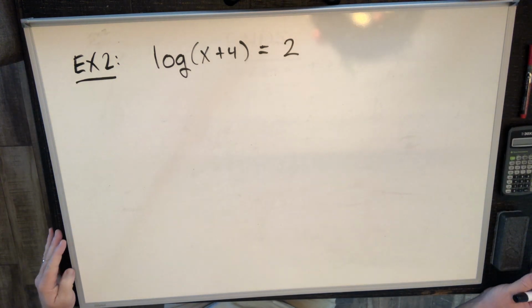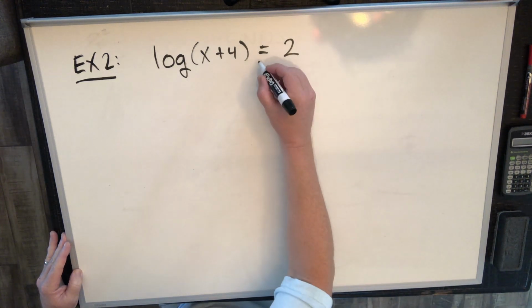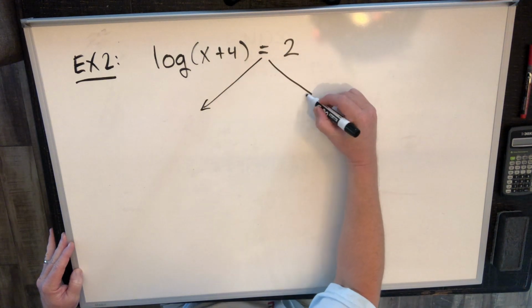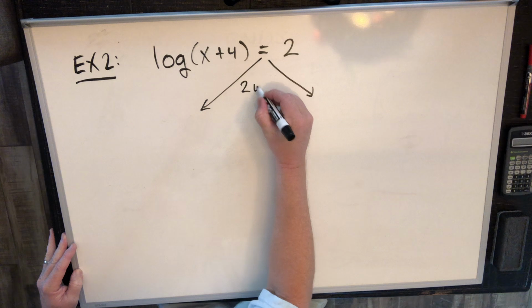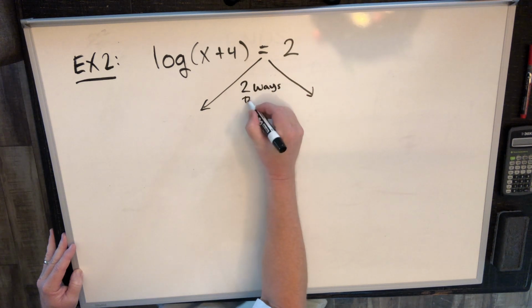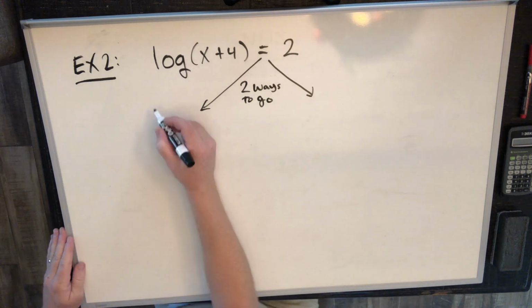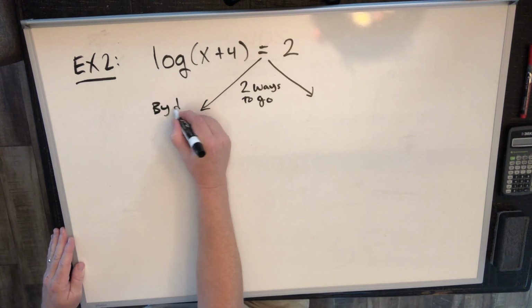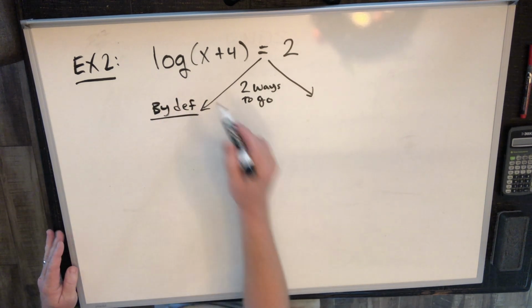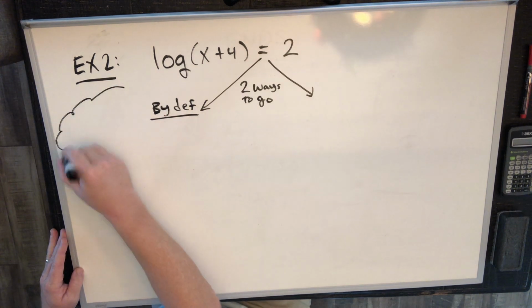Well, again, it's the same idea. You're going to have 2 ways to do it. You have 2 ways to go. One is you can go by definition. And again, it's the same definition as before.